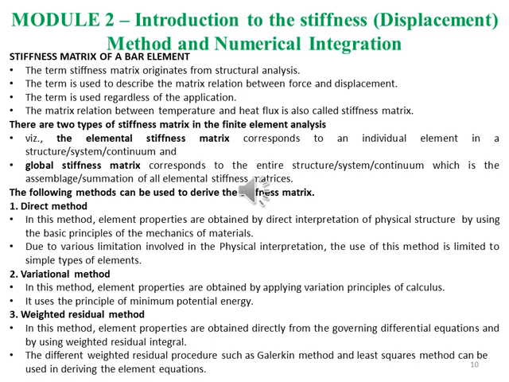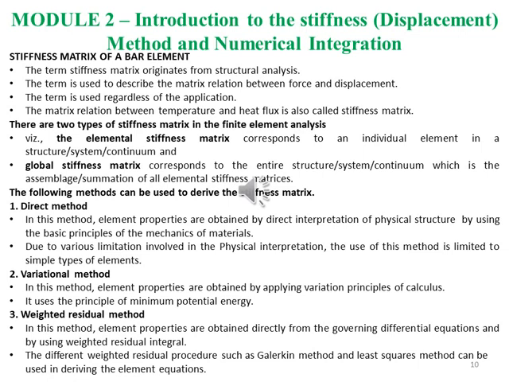So the following methods can be used to derive the stiffness matrix. That is, the direct method, the variational method, and the weighted residual method are some of the methods that can be used to derive the stiffness matrices. So what happens in the direct method?